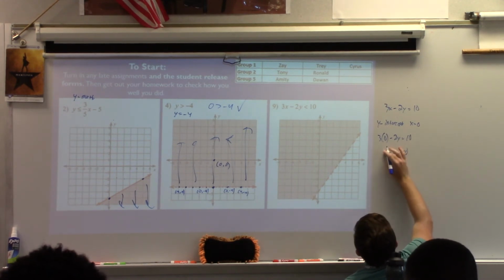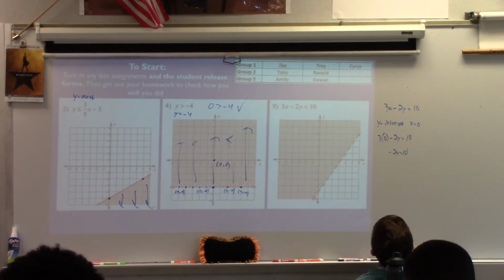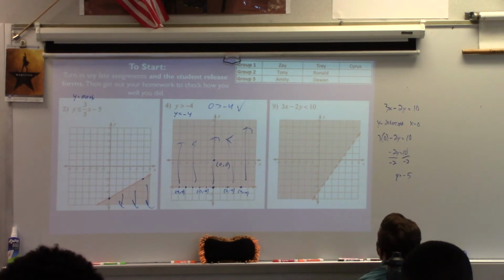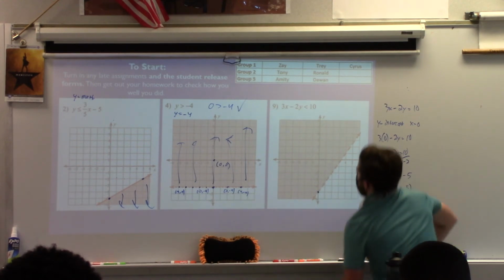What do we do from here? Divide. Okay, so y equals -5. Is that enough? Is that an intercept? No, I have an x value, and what's our x value? 0. So 0, -5 is the y-intercept, which is where they got that point on the graph right there.